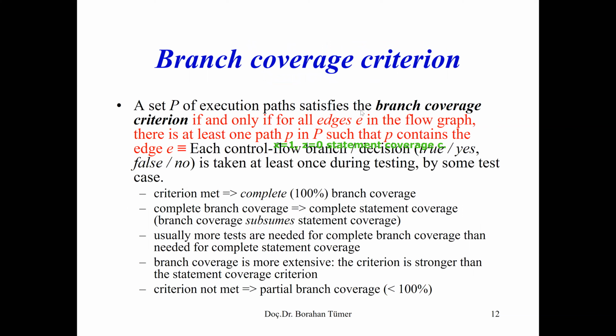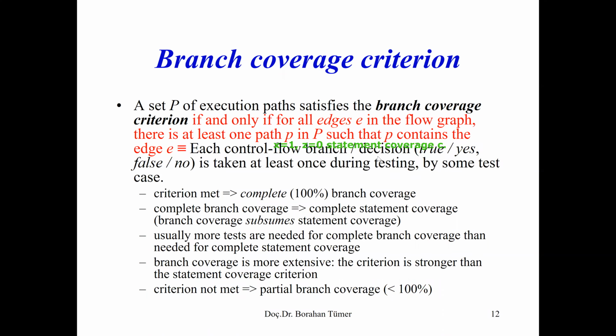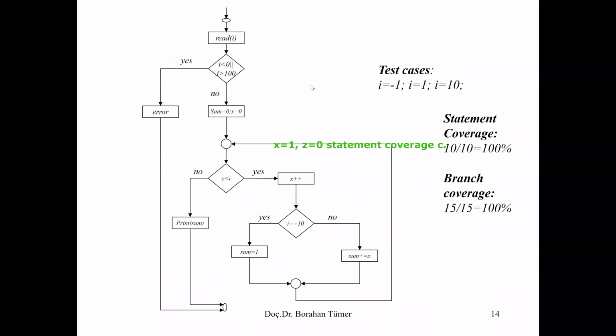A set P of execution paths satisfies the branch coverage criterion if and only if for all edges in the flow graph there is at least one path p such that p contains the edge e. So each control flow branch decision, true or false, is taken at least once during testing by some test case.